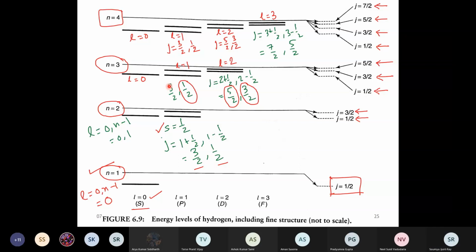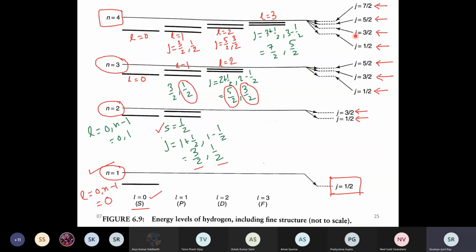Simplistically, J equal to half can appear from L equal to 0 and L equal to 1, and J equal to 3 by 2 can appear for L equal to 1 and L equal to 2.